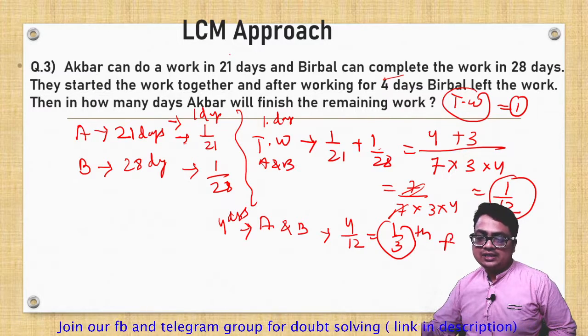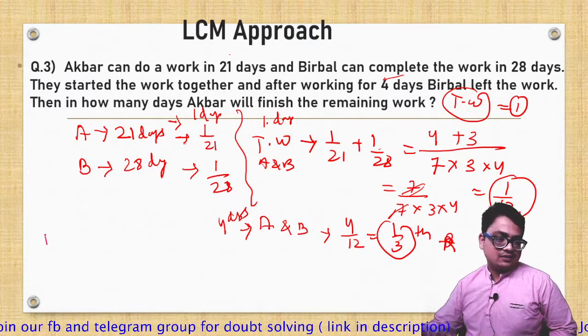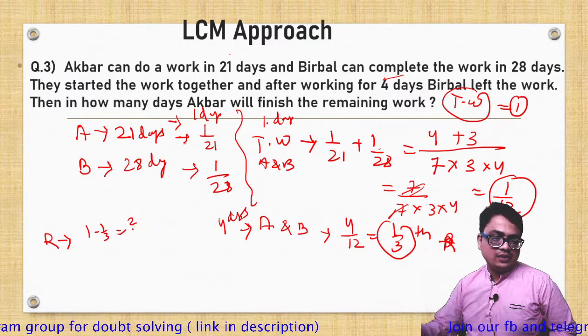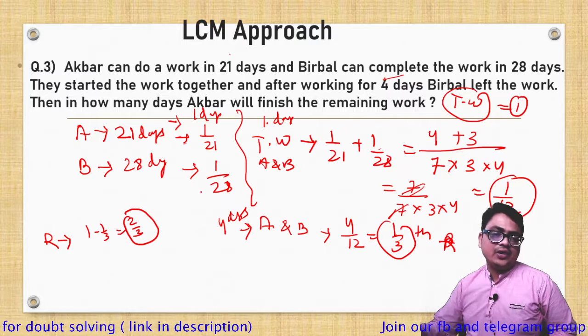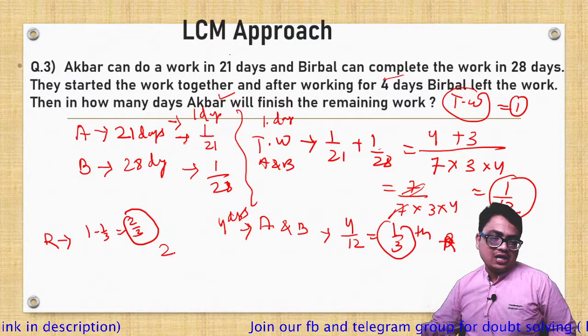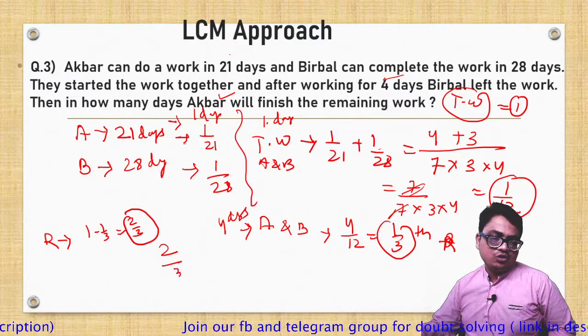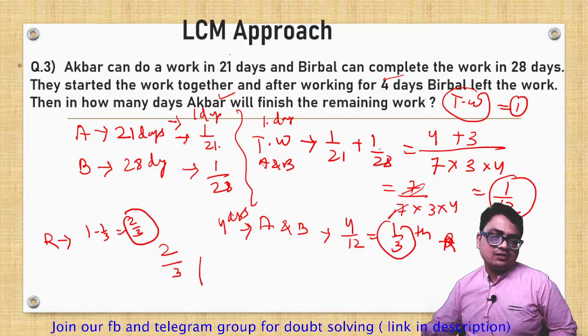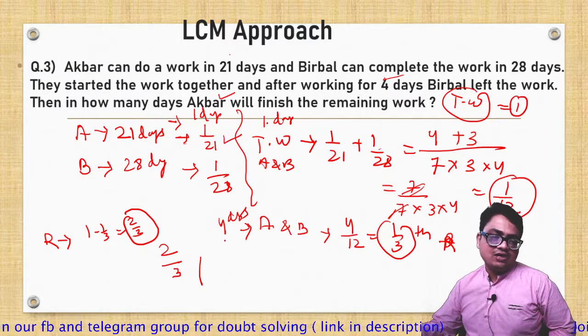Remaining how much? Remaining work will be 1 minus 1 by 3, this will be 2 by 3. So this 2 by 3 work will be done by whom? A or Akbar. So 2 by 3 work is to be done, and Akbar's rate of doing the work is 1 by 21.